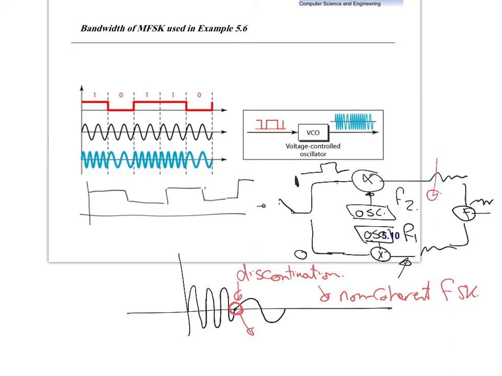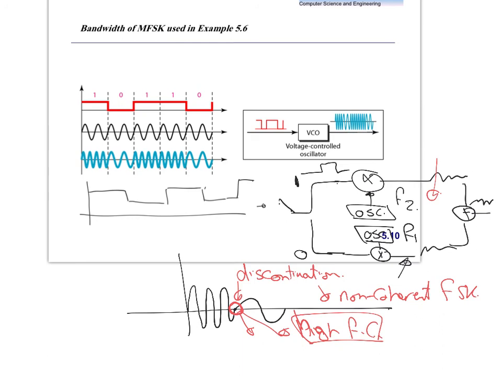If we have discontinuation like this, what does this cause in terms of frequency components? Very high frequency components, or infinite frequency components, right? So this will lead to very high frequency components, and that's bad, right?